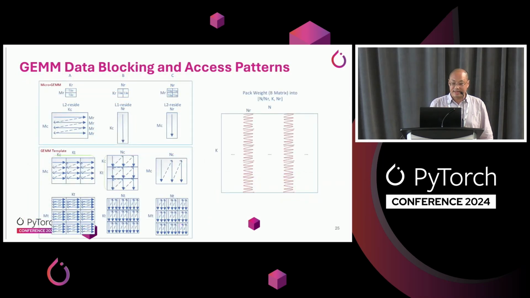To maximize cache reuse, we block B into small L1 size tiles, which are reused by L2 size tiles of A. Then subsequently, the L2 size tiles of A are further reused by multiple tiles of B. For inference, we also prepack B to make data access contiguous within these tiles. All these optimizations help boost the GEMM performance.